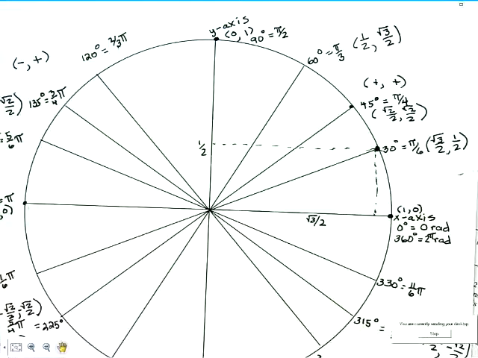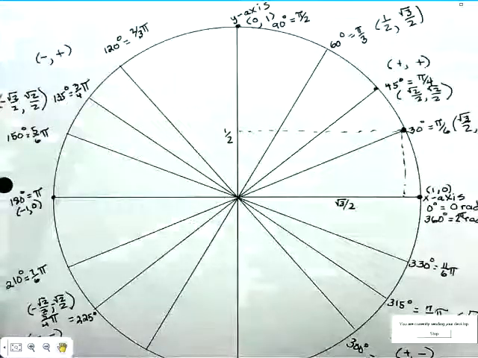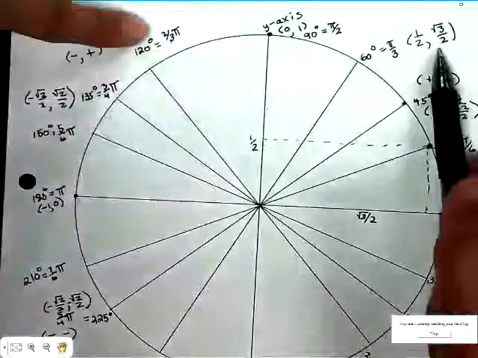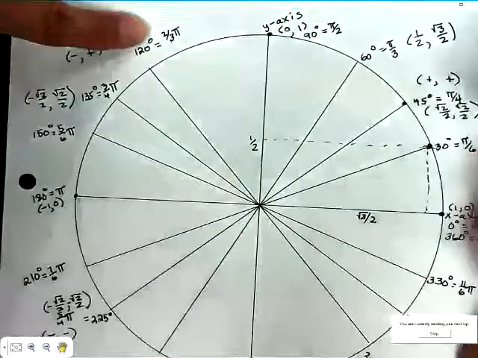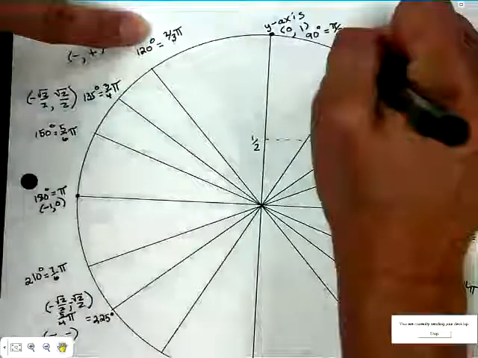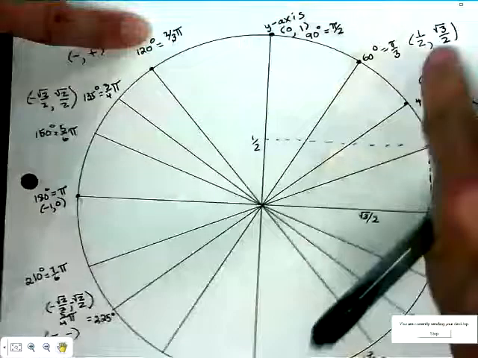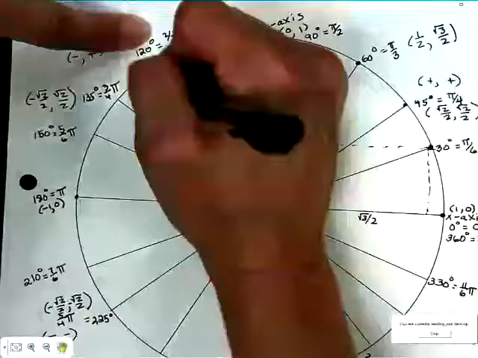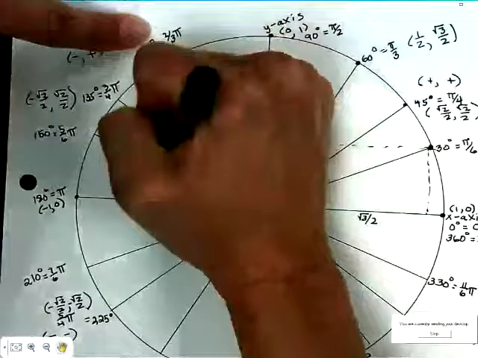All right, so let's get these other three quadrants labeled. At 120 degrees, that's just as high as the point at 60 degrees. So the y is still square root of 3 over 2. The x is now a half.